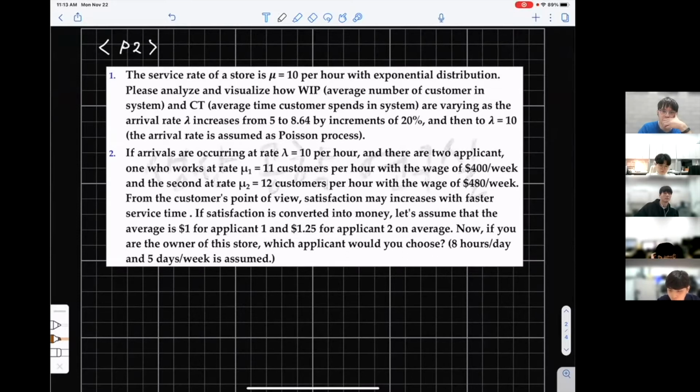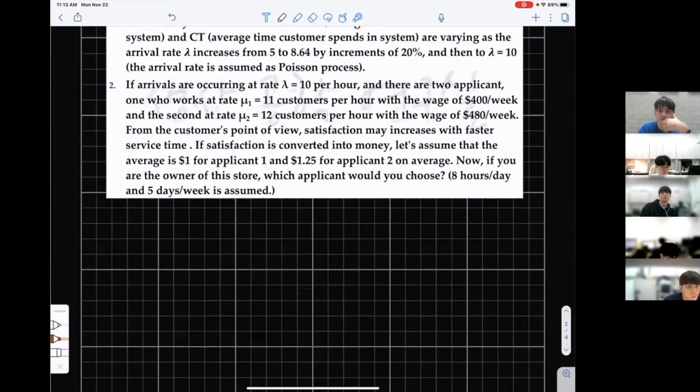Please analyze and visualize how WIP and cycle time vary as the arrival rate lambda increases from 5 to 8.64 by increments of 20%, and then to 10. The arrival rate is also assumed to be a Poisson process. So this is the first problem.